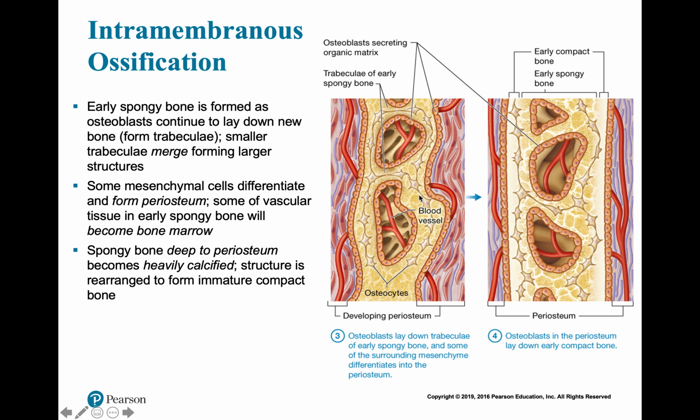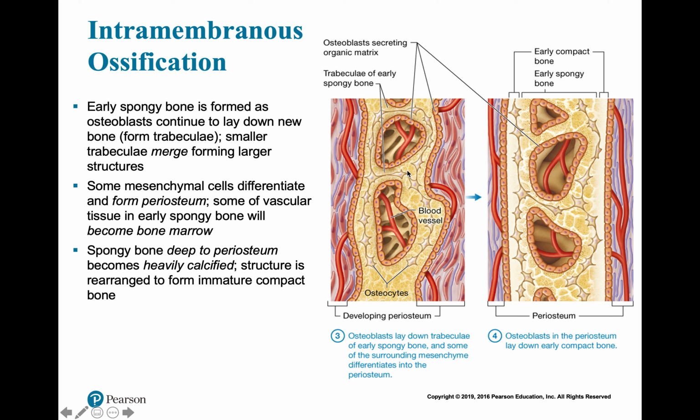And that is how spongy bone is formed. The blood vessels are present, and bone gets laid down around those blood vessels, forming that porous, spongy-like bone of the center of these flat bones. All right. So osteoblasts lay down bone around the blood vessels, and that's what gives it its spongy appearance.